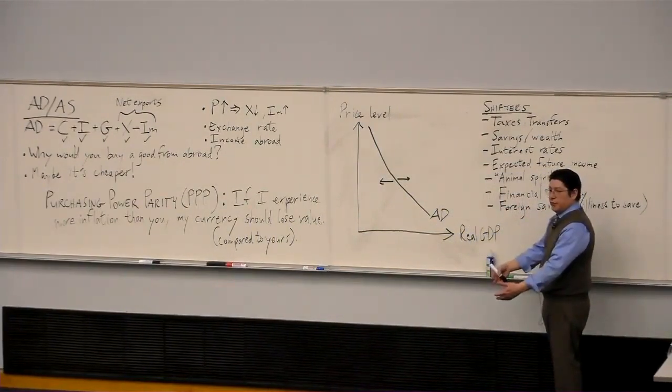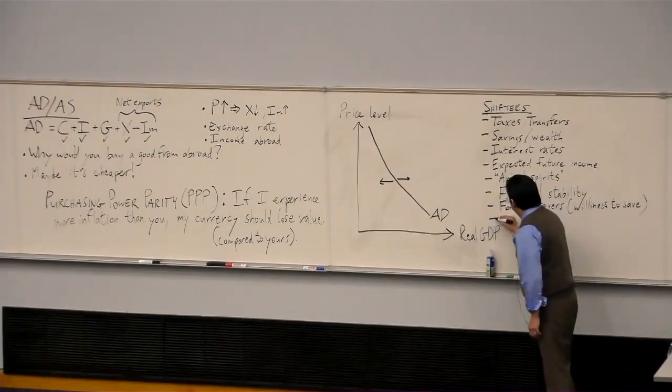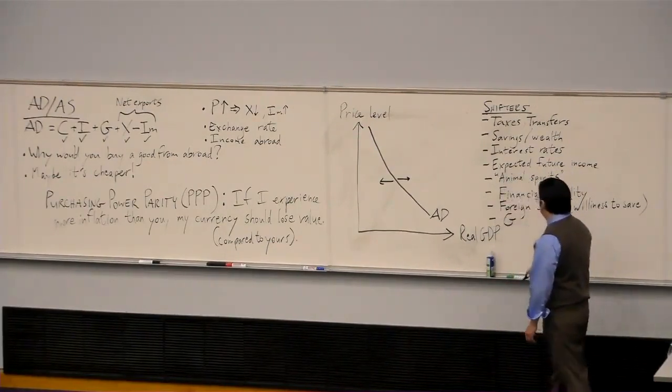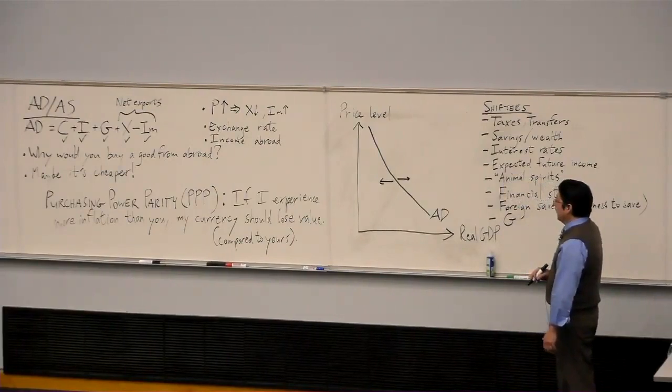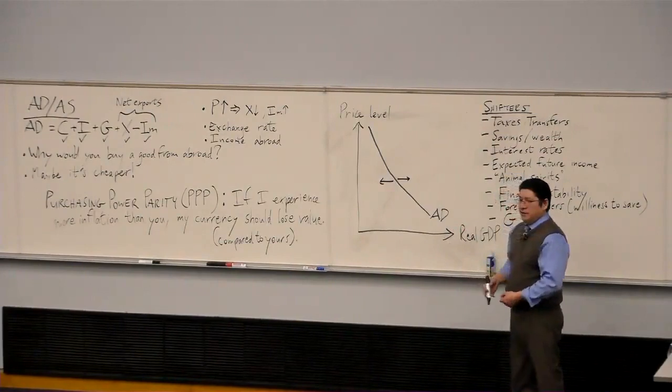And if those foreign savers suddenly decide to pull back, that's going to affect investment here. Then there was also government spending, and that was another place where the loanable funds market came up because we used it to say, well, anytime you increase government spending, something else on the budget has to change, and there could be crowding out.